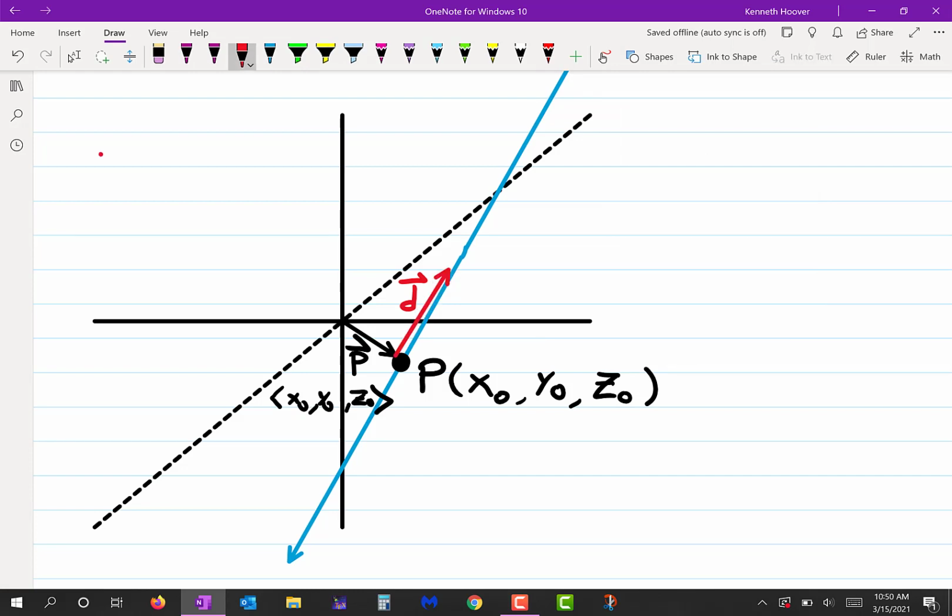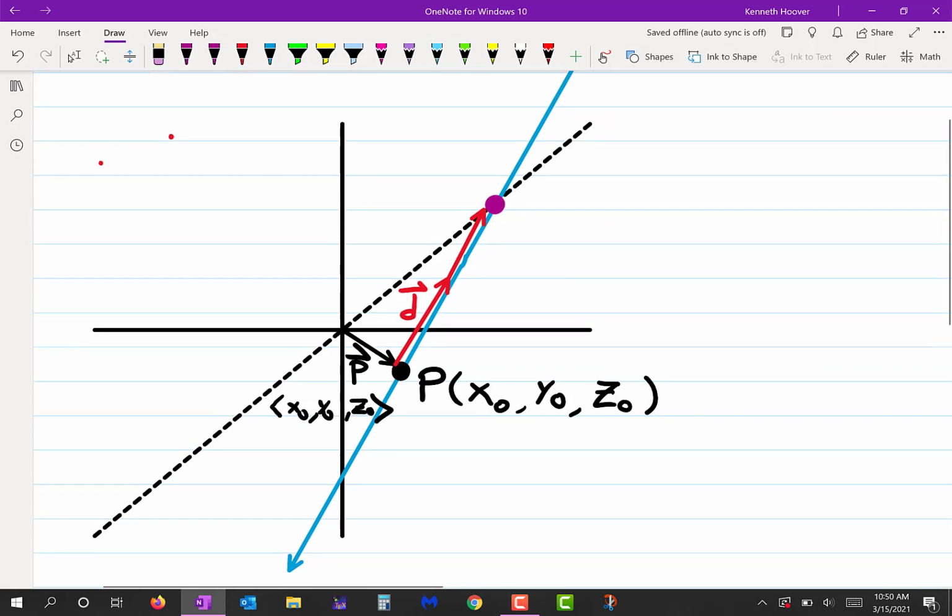Okay, now if I go P plus 2D, then that would put me right here. Okay, it would put me at that location. I could draw a vector pointing from the origin to there.